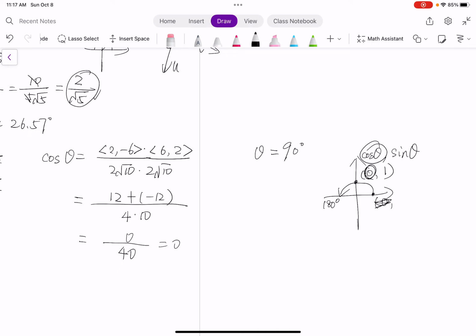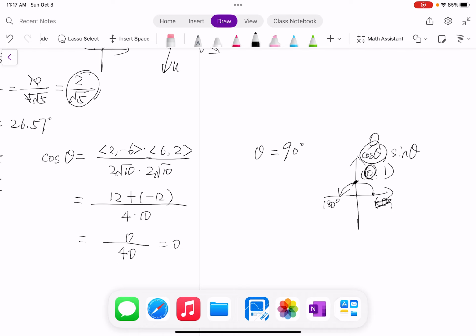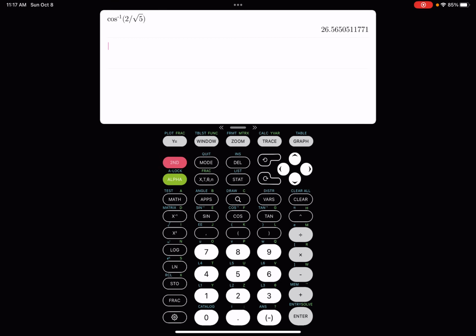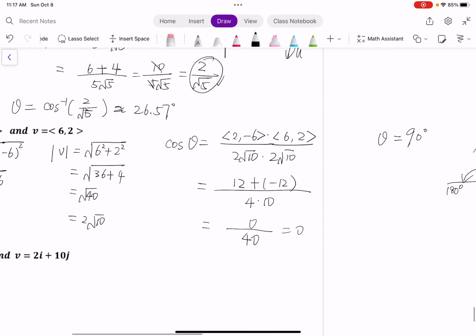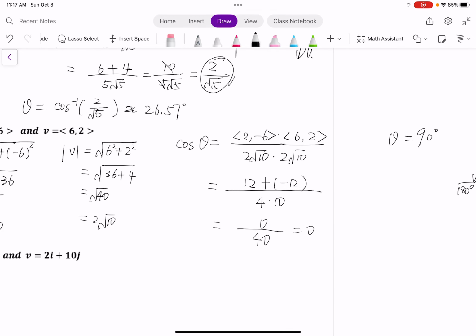Cosine theta is 0, so x is 0. The angle there is 90 degrees. Also, you can use your calculator to do this: inverse cosine of 0, close the parentheses, 90 degrees. All right, we found theta is 90 degrees.